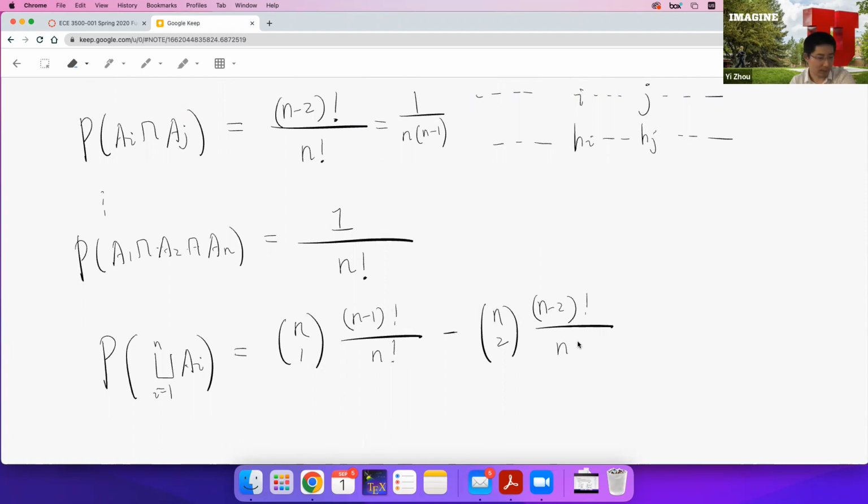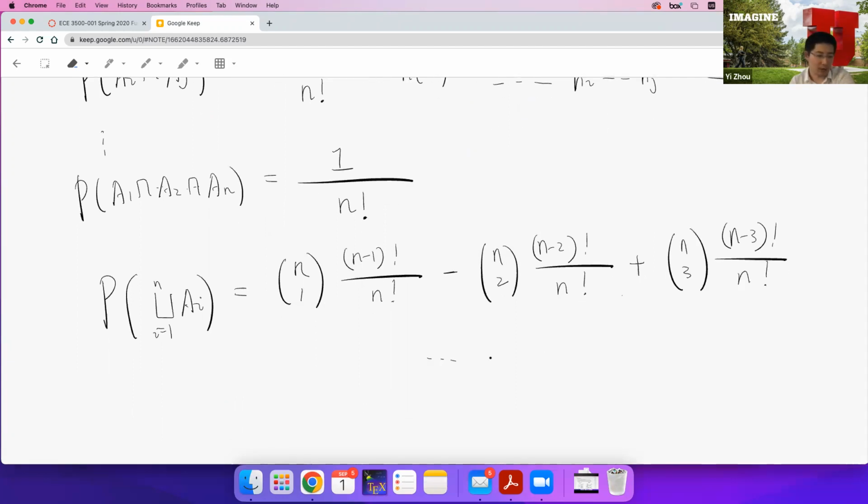For the third term we do addition: n choose 3, and the probability is (n-3)! over n!. You keep going until the last one, which is n choose n.